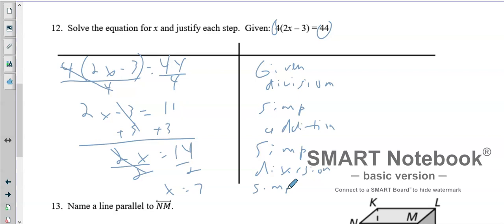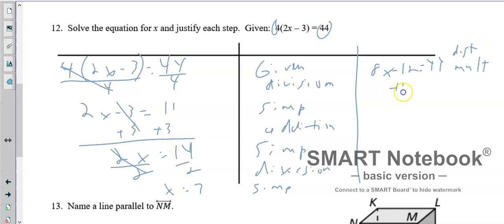Now, some of you might have started off by not thinking about dividing. Some of you might have gone ahead and done 4 times 2 is 8x - 12 = 44. You can write this down or you can just listen. It's up to you. What property did I use? Well, you could say multiplication or distribution, either one, because that's what you did. You multiplied, you distributed.